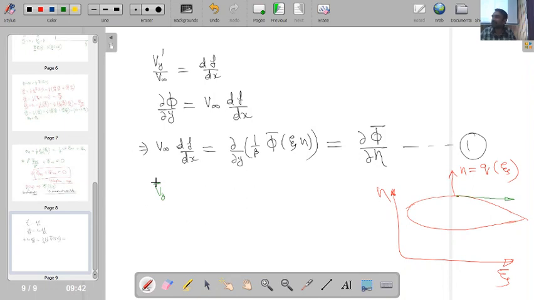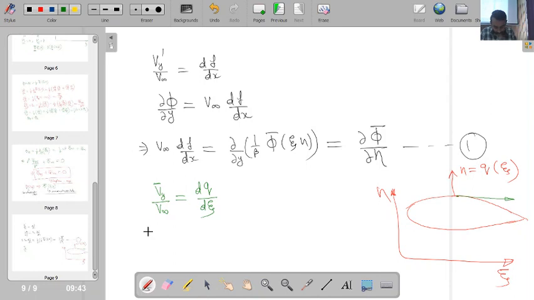Whatever velocity I was having as vy dash in the xy plane, that velocity in this plane is my vy bar. So vy bar by v infinity I can write as equal to dq by d zeta. The slope of this curve at this point will be dq by d zeta, and from the previous case, that will be equal to the y component by v infinity.